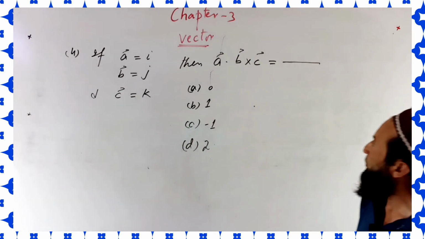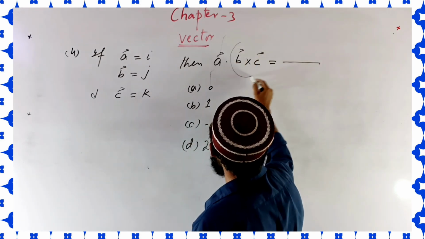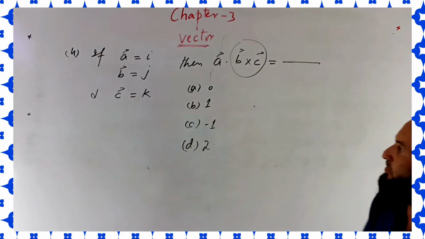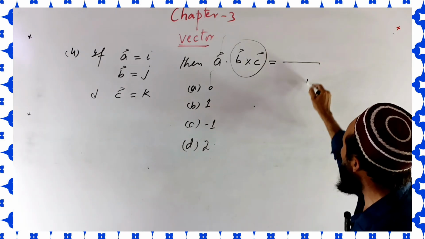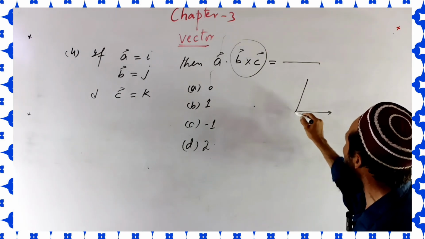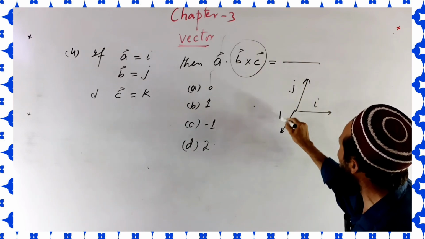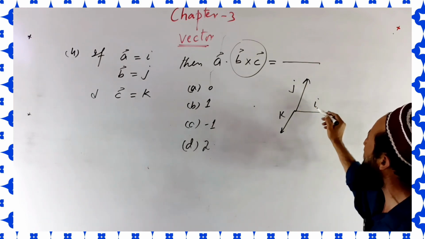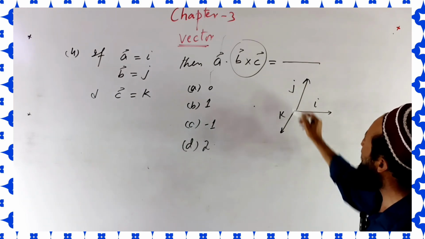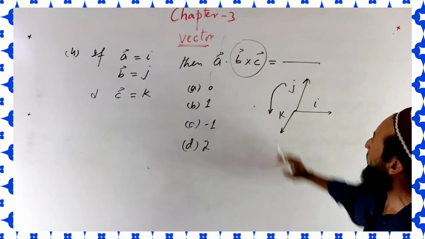Look here, if we are applying A dot B cross C, first of all we find the value of B cross C. According to this definition, with I, J and K, B cross C gives I, in the anti-clockwise direction.